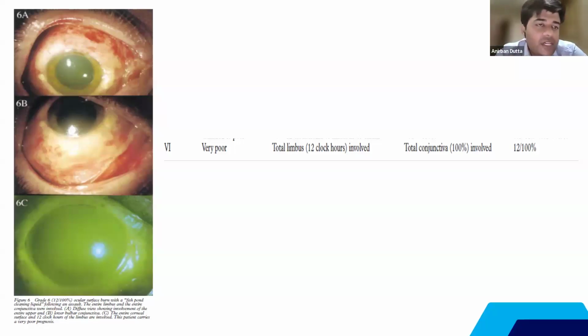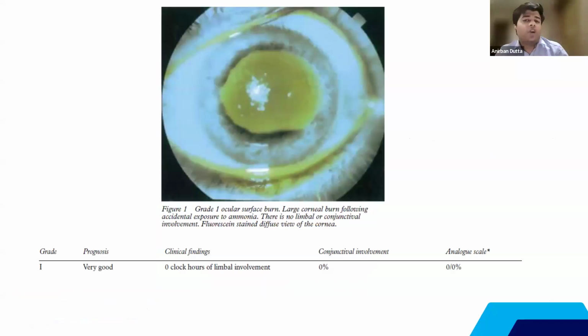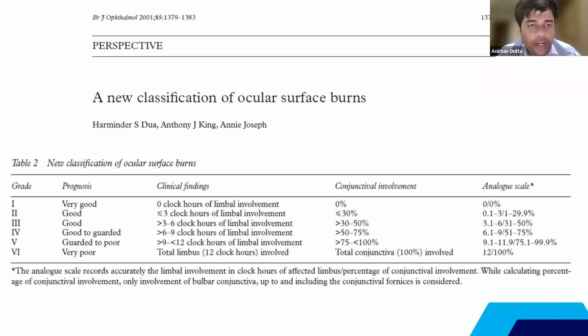So the outcome for these patients is always very poor because there is nothing to cover the epithelium, neither cornea nor conjunctiva. While this classification is not asked in detail during our FRCS, this will be important to you in your day-to-day clinics. Hence, I have spent so much time on this.